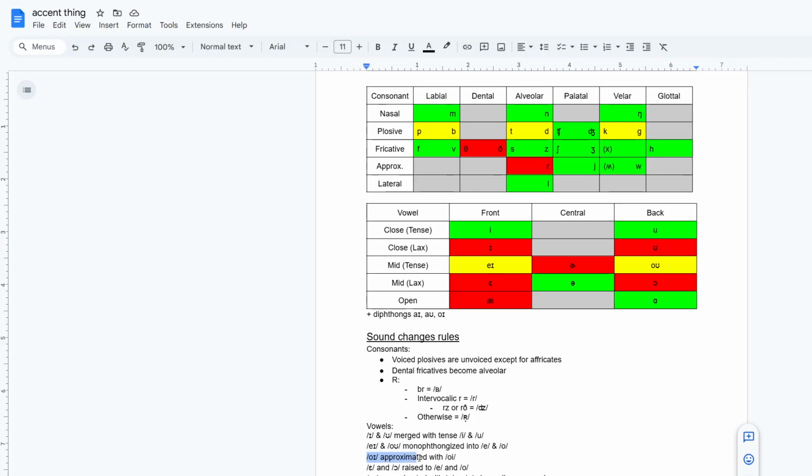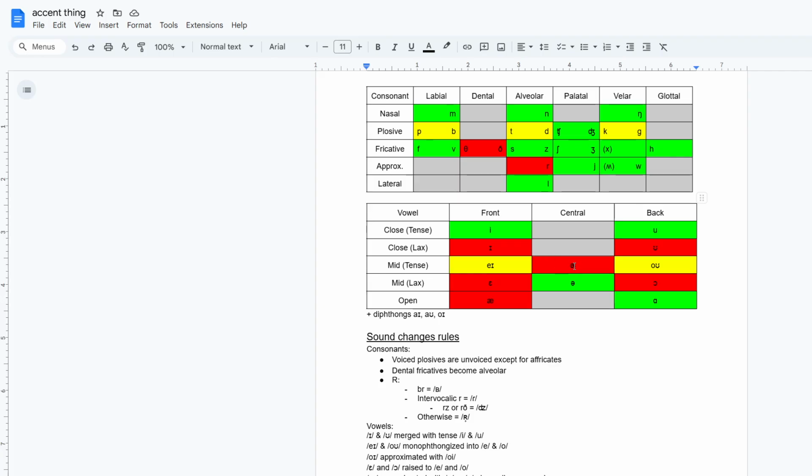Oi is approximated with the sounds that they have, so oi becomes oi. I think that's how it's pronounced. And then e and o get raised to a and o. So basically the tense and lax get merged.